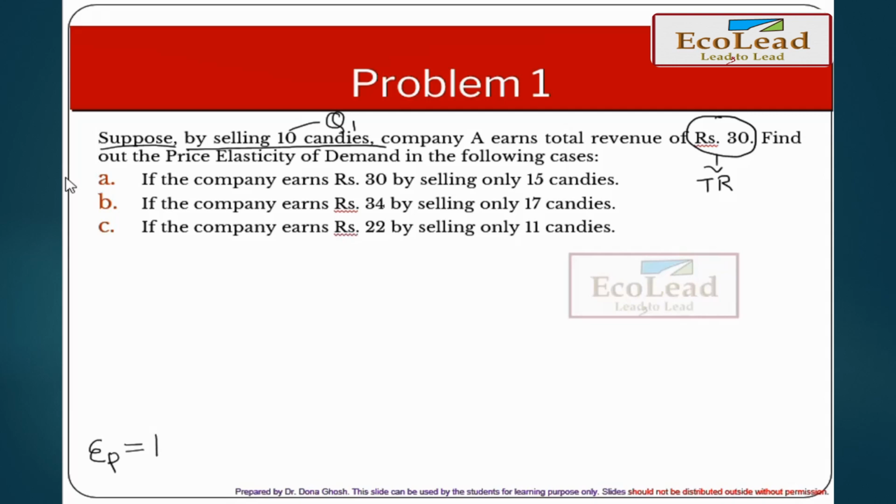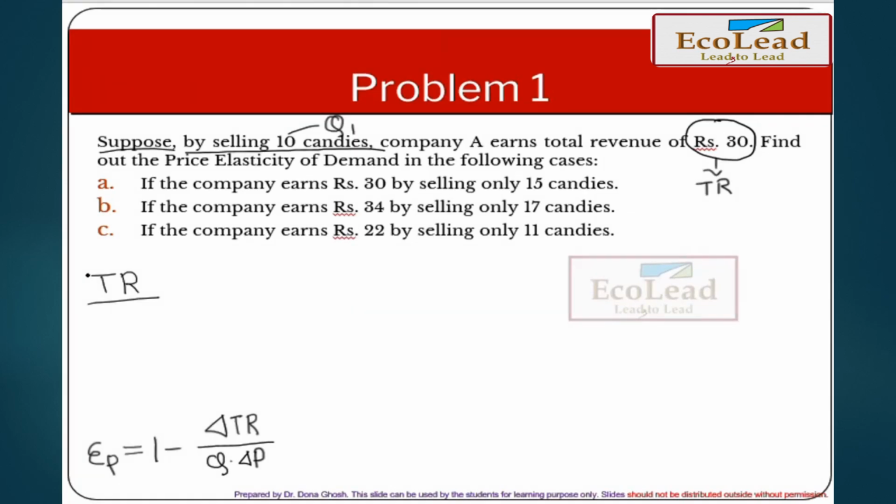So, the formula is EP = 1 minus change in total revenue divided by quantity multiplied by the change in price. Here the change in total revenue we denote by del TR and the change in price we denote by del P.